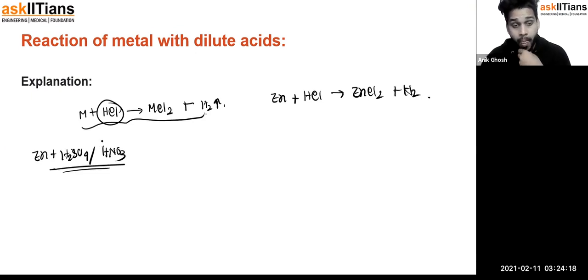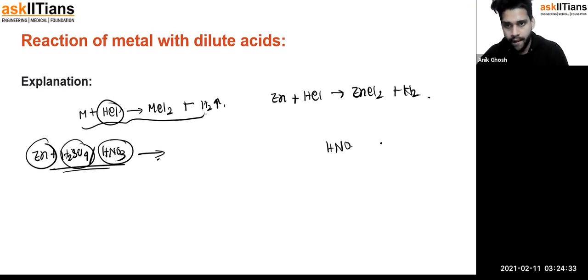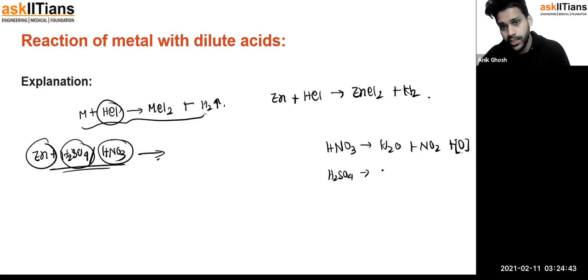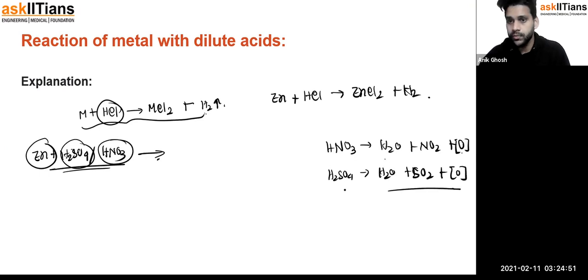Okay, now let me draw it over here. Both HNO3 and H2SO4 just get broken into their constituent particles like this.